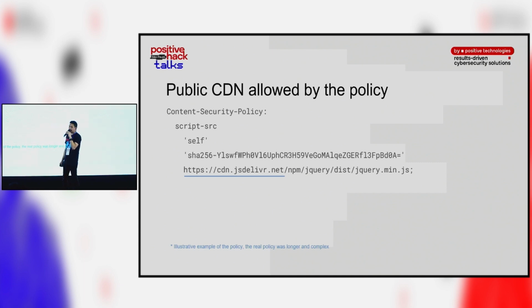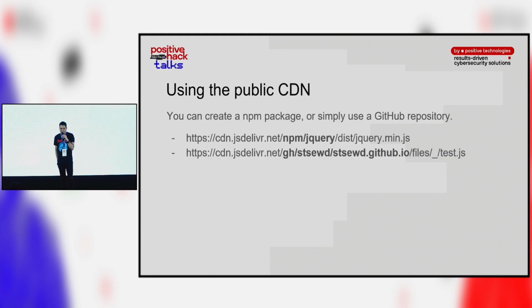What this means is that we can upload any file that we want to the domain. And how? We can use this public CDN in two ways: uploading an npm package, or serving any file from a GitHub repository. So it's really easy to use. We don't even need to create an npm package. We can just use a random GitHub repository to serve a file from there.